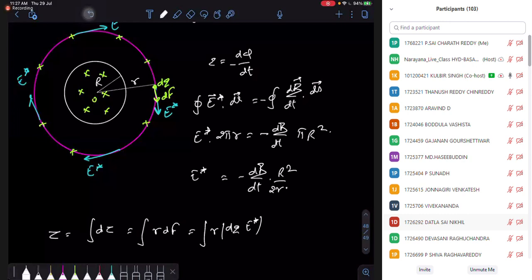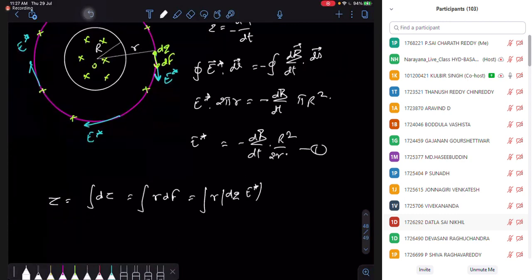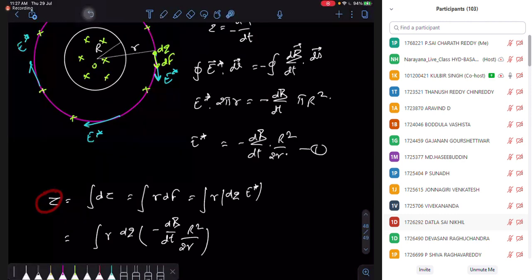You can put in the value of this E star. So here, if we keep my dq, the E star value is minus dB by dt R square by 2r. Now this is the torque of my force, and all torques are going to add up in one direction.